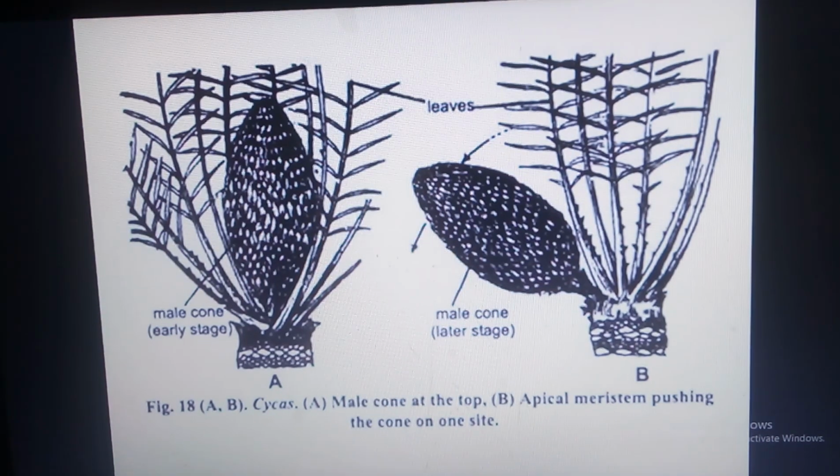I had already explained that this male cone usually arises singly, and later when a new apical bud grows, it will push the male cone to one side, and new foliage leaves will start to grow, and later a new male cone will form here.